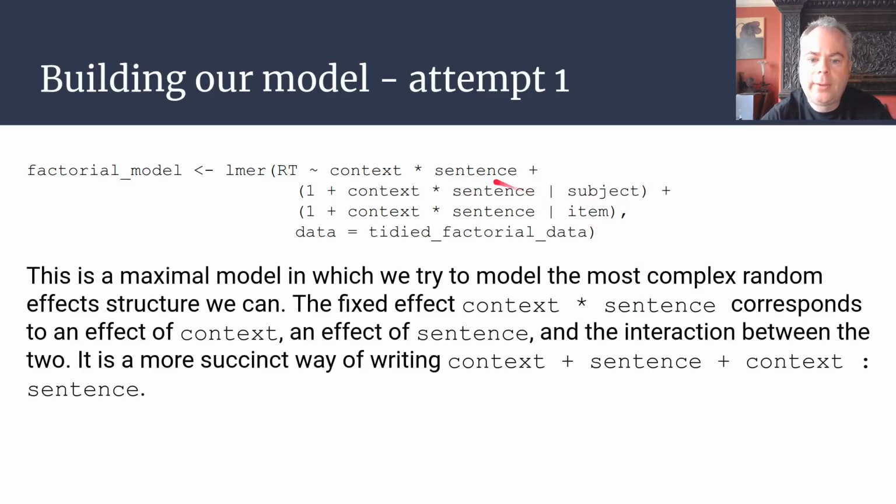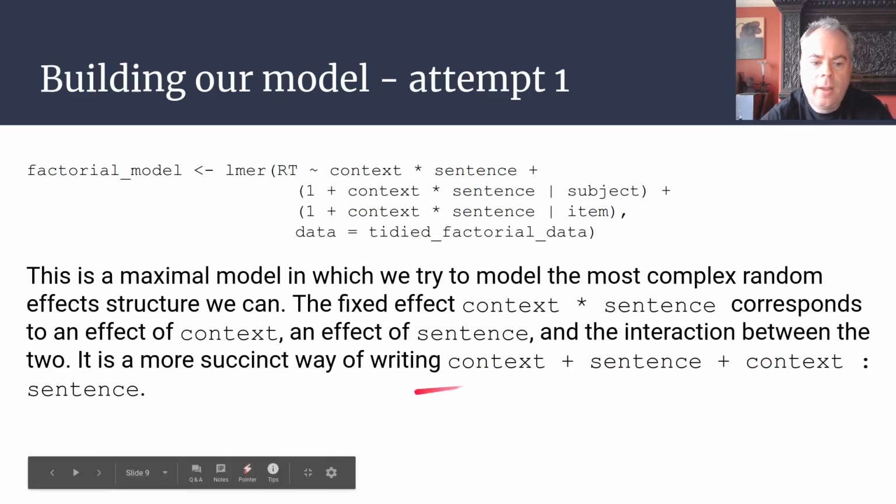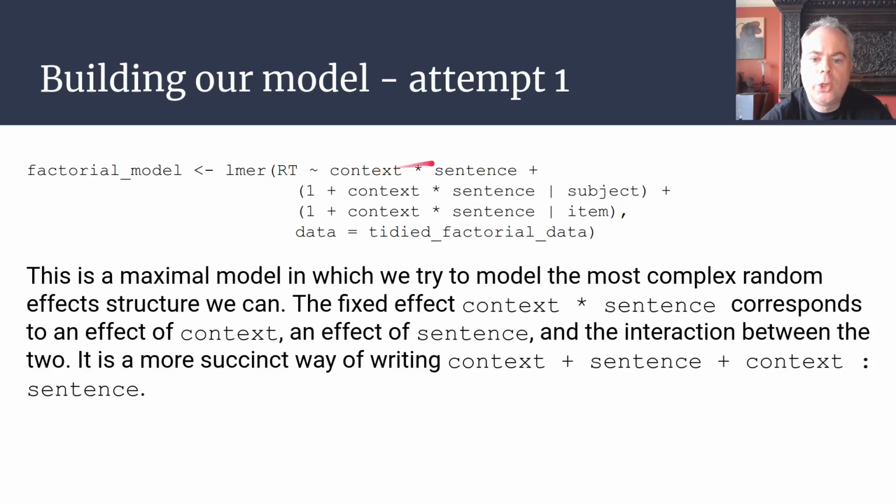Now in this case, we've got our fixed effects here. It's written as context, asterisk, sentence. What that actually corresponds to, if you want to unpack it, is this expression down here. The main effect of context plus the main effect of sentence plus the interaction between those two factors. So this is really just a shorthand way of writing out this down here.